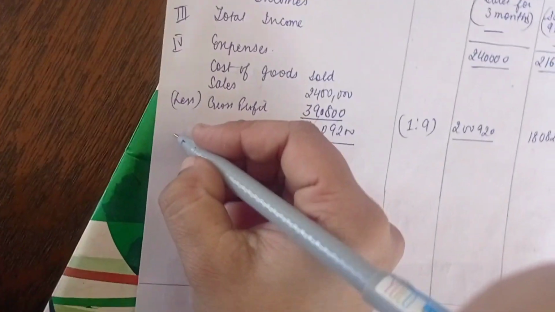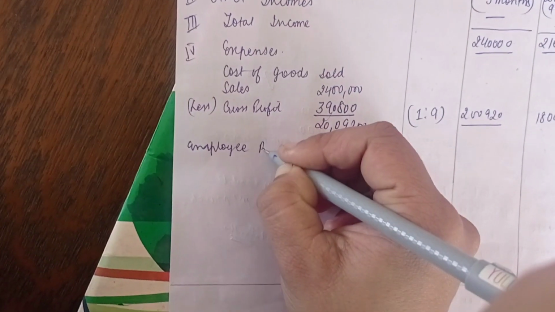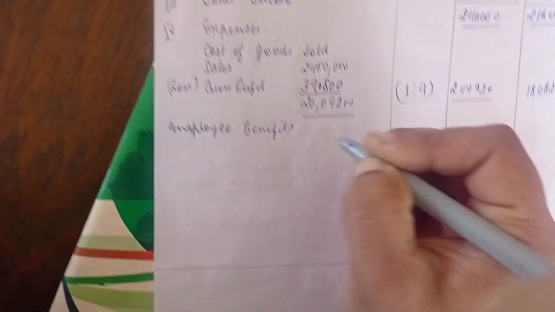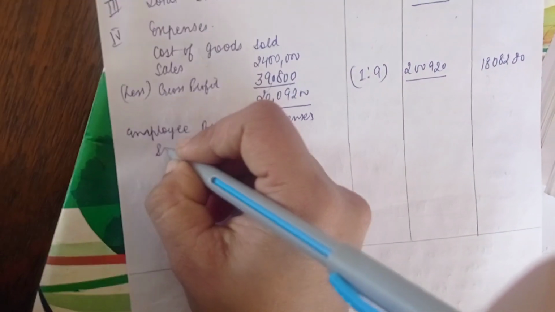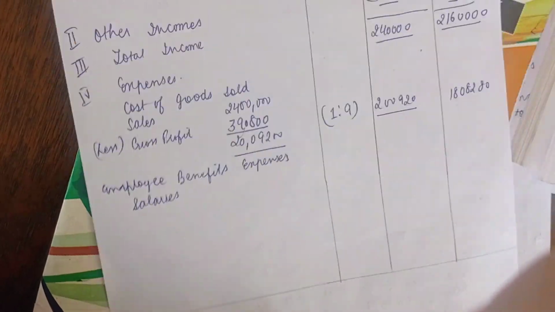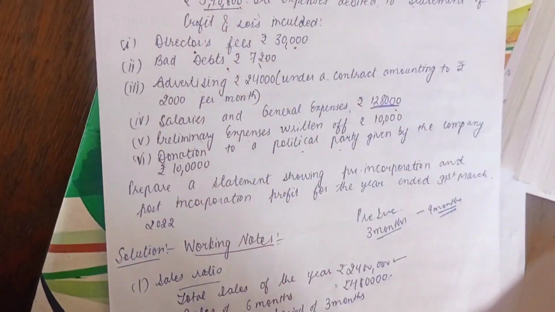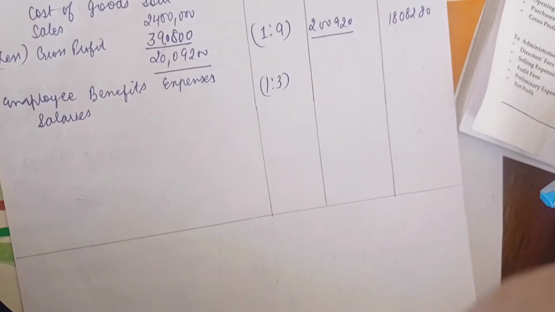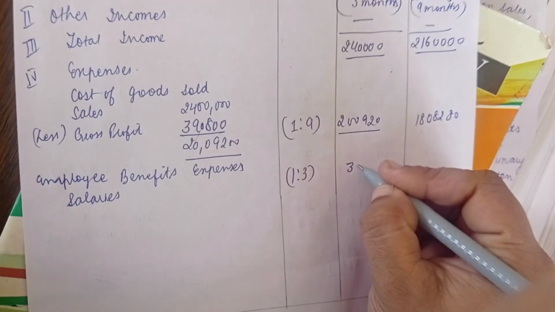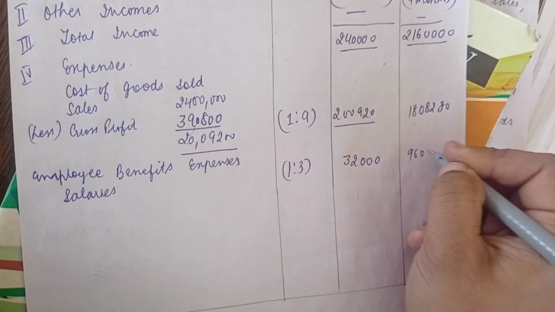Now next point is employee benefit expenses. First, salary is given to you as 1,28,000. Salary is to be apportioned in the time ratio 1:3. Pre-incorporation is 32,000 and post-incorporation 96,000 rupees.